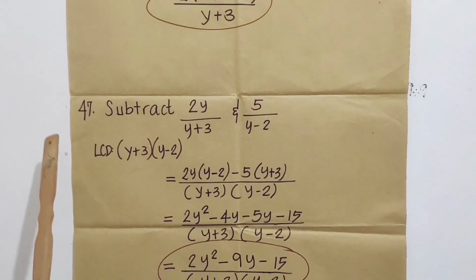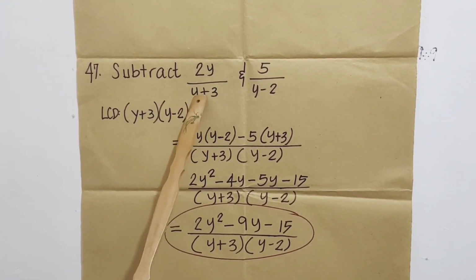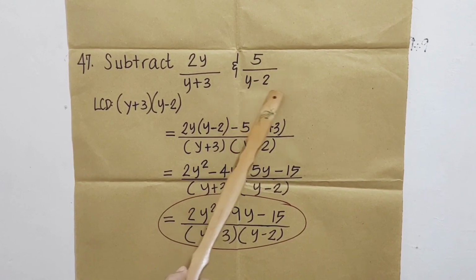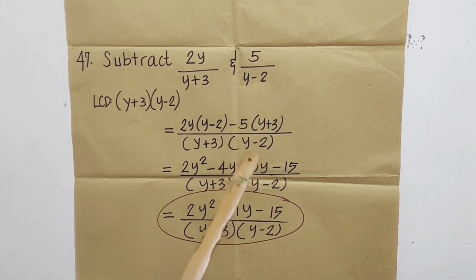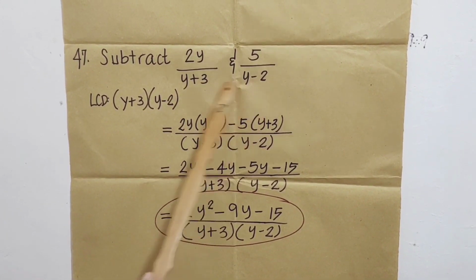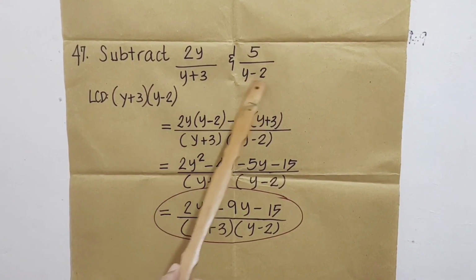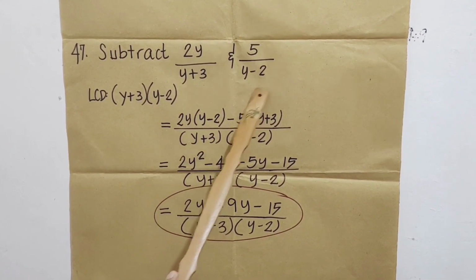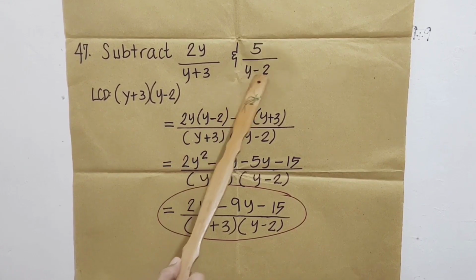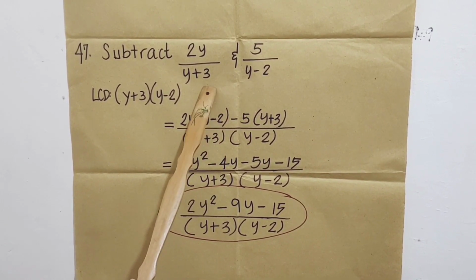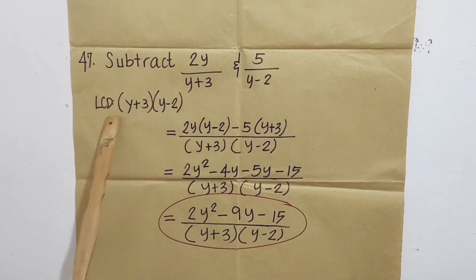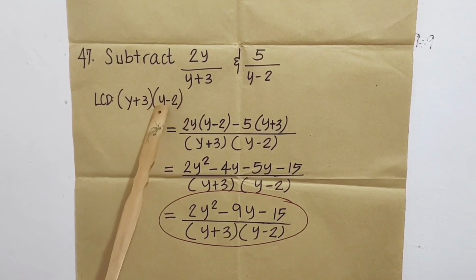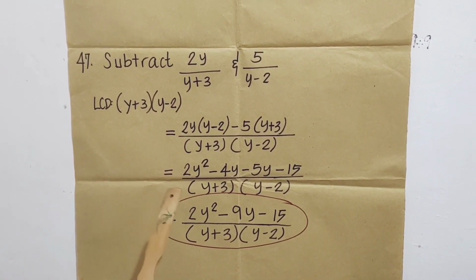The next, number 47, subtract 2y over y plus 3 and 5 over y minus 2. Okay, the same process. We're going to find the LCD of these denominators since they are not the same. Since y plus 3 and y minus 2 are prime, we have to multiply them. So that's why our LCD is y plus 3 multiplied by y minus 2.